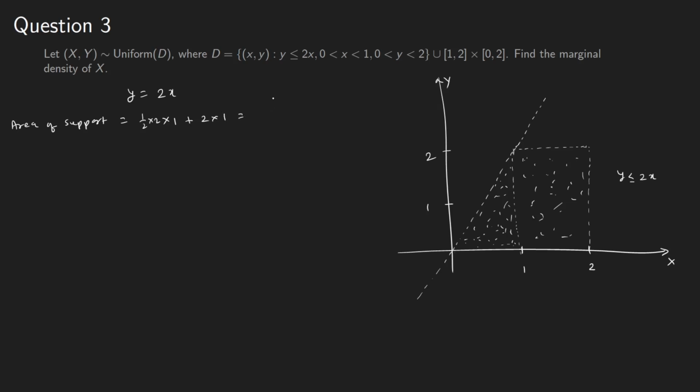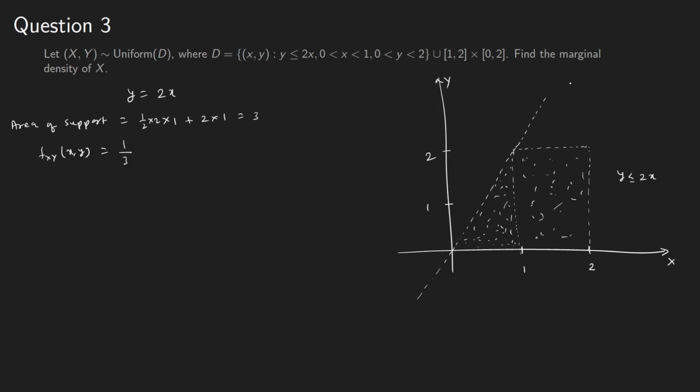So it's 1 plus 2, 3. Area of the support is 3. So the PDF of x and y will be equal to 1 divided by the area of the support, that is 3. So we have got the joint density of x and y.